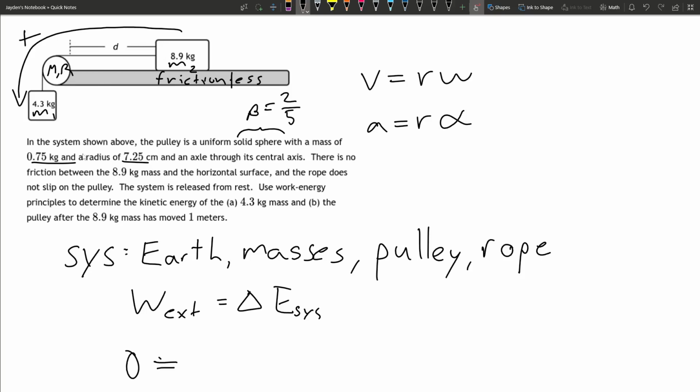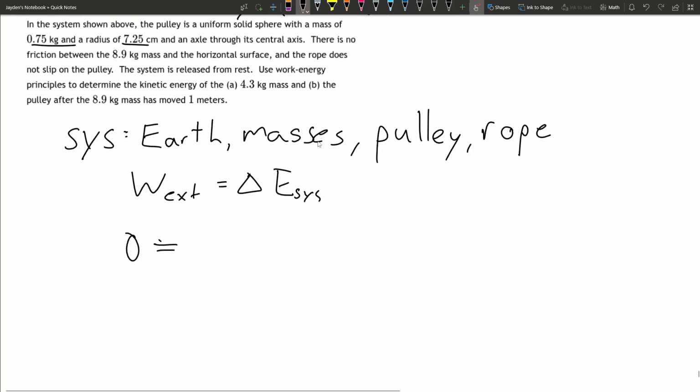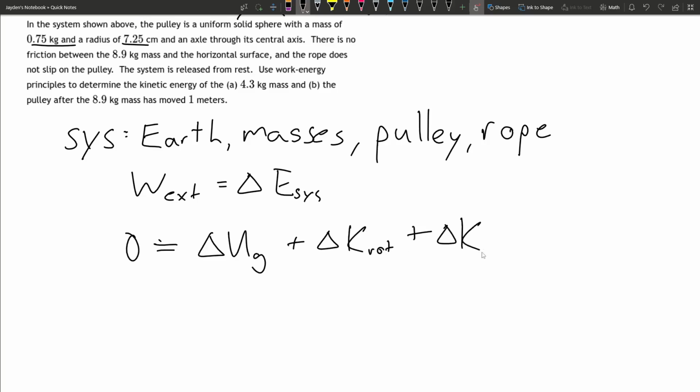So all the gravitational potential energy is going to turn into rotational kinetic energy as well as translational kinetic energy. So we can say that delta UG plus delta K rotational and delta K translational.